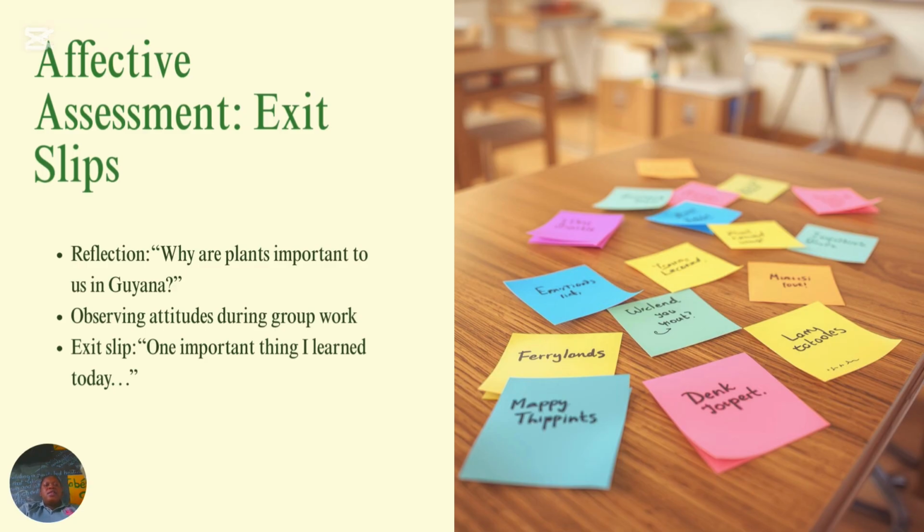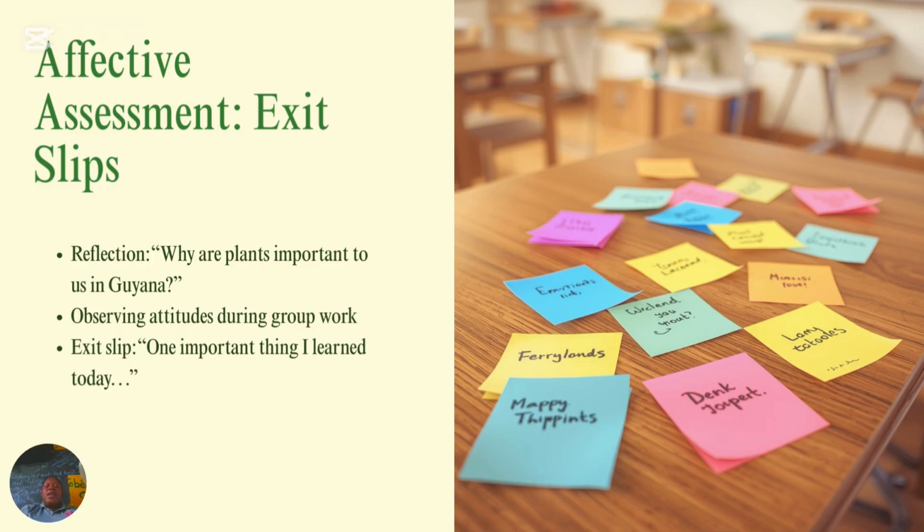To end the affective assessment, exit slips such as a reflection, why are plants important to us in Guyana, was asked. Observing the attitude during group work was assessed by the teacher, and before the students leave, we asked them to name one important thing that you have learned today.